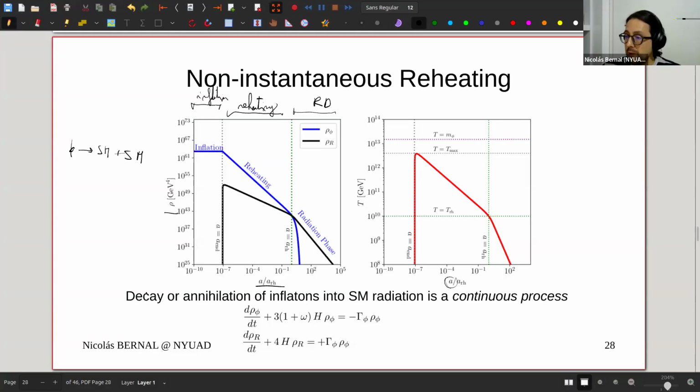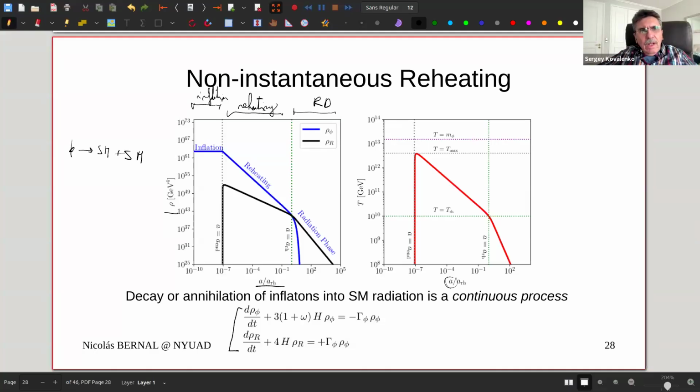So the reheating could proceed via decays or via annihilation of the inflaton into the standard model, and it's a continuous process, typically not instantaneous. So one typically has to solve the Boltzmann equation for the background, meaning the Boltzmann equation for the inflaton energy density and the Boltzmann equation for the radiation energy density.